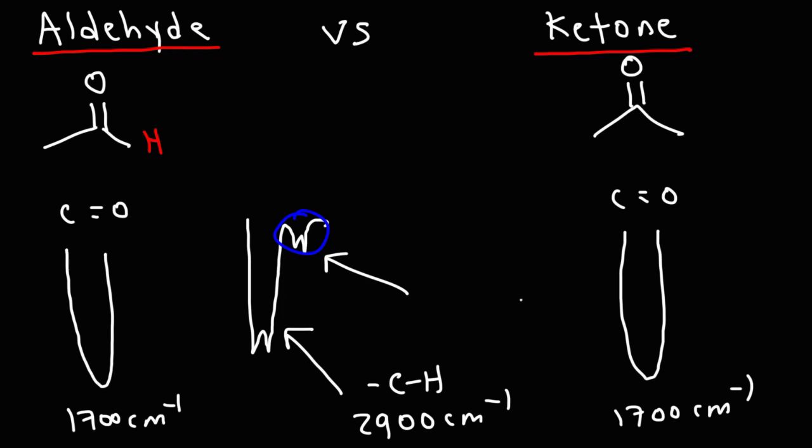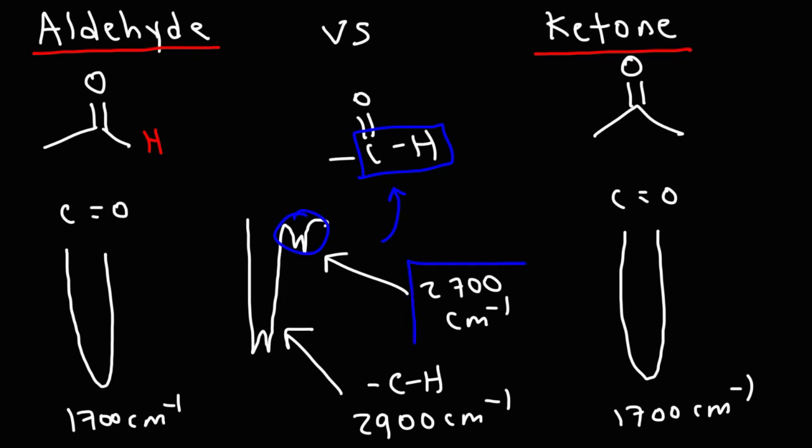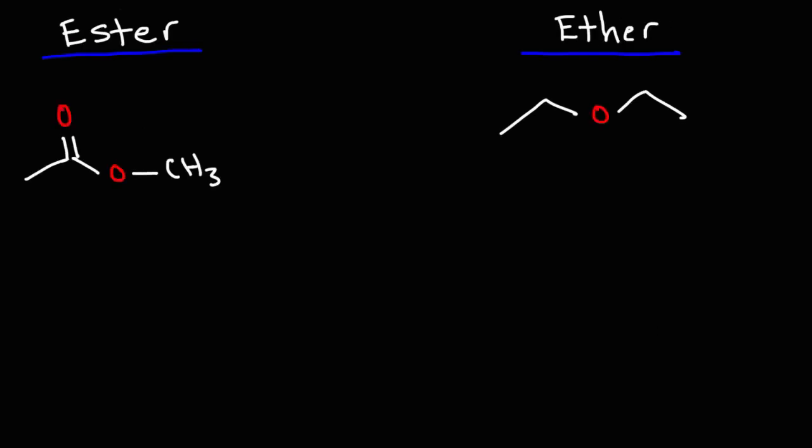So the aldehyde will have a signal of around 2700 centimeters to the minus 1. So that is the aldehyde CH stretch, which corresponds to that part of the aldehyde functional group. So that's how you can distinguish an aldehyde from a ketone: the presence of this signal, the aldehyde CH stretch. Now let's compare the ester and the ether.